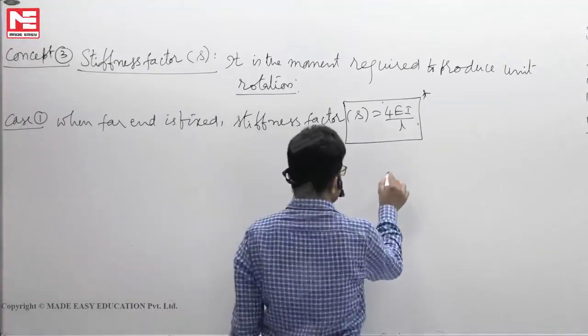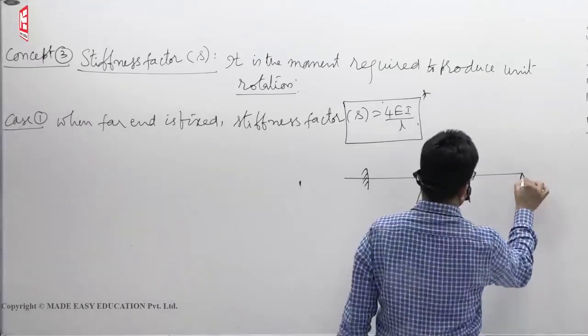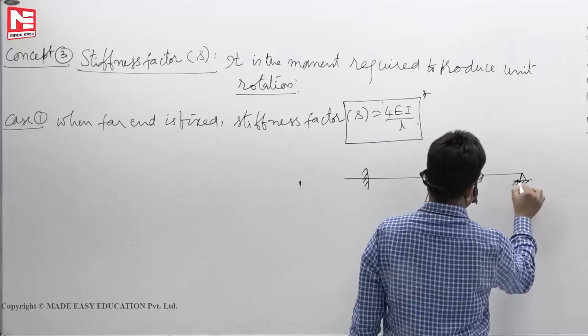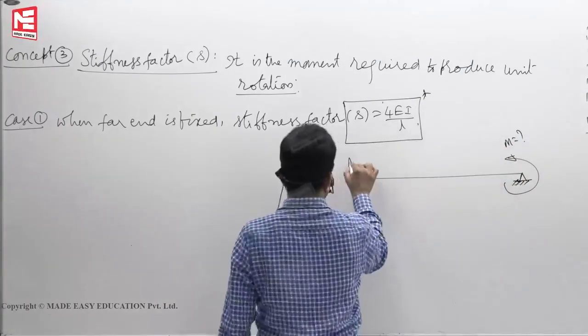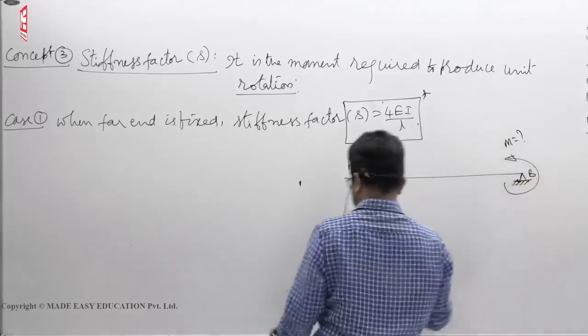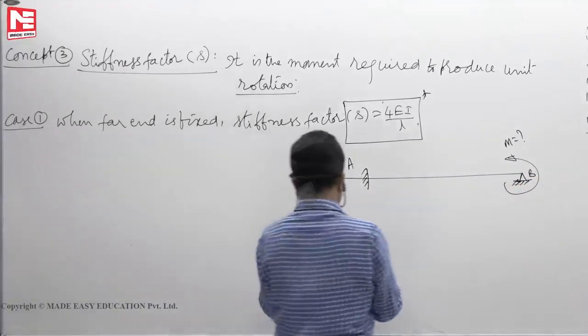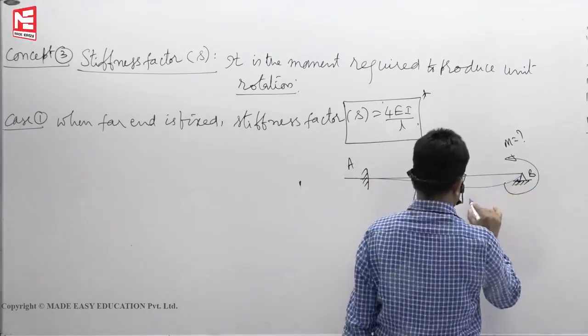What it means is, supposing that we have a beam like this, how much moment you have to apply so that theta B becomes 1, like this.